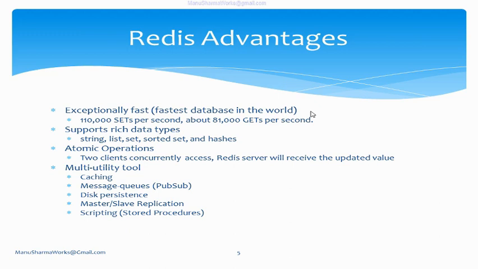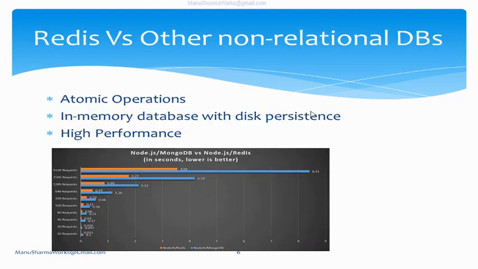As I said, it has disk persistence capability, which is an added advantage in comparison to other caching databases. It has master-slave replication, so data is saved across the different slaves, and the slaves have the same replica. And the most important thing here is we can write scripts on the database, similar to the stored procedures that we use in other relational databases.